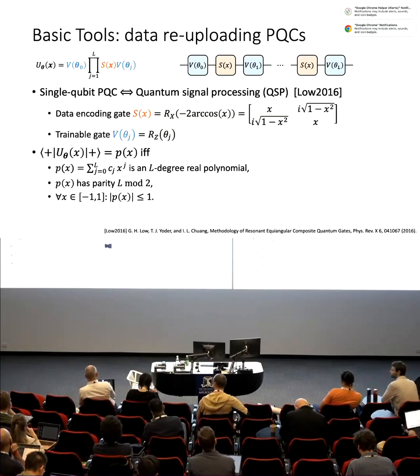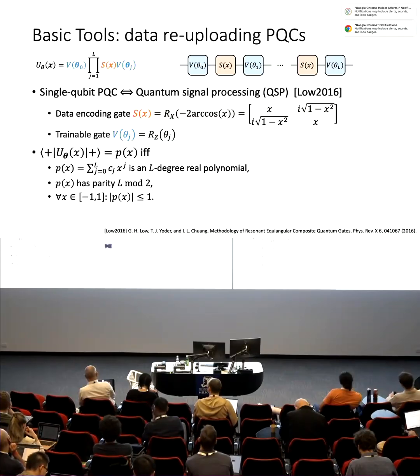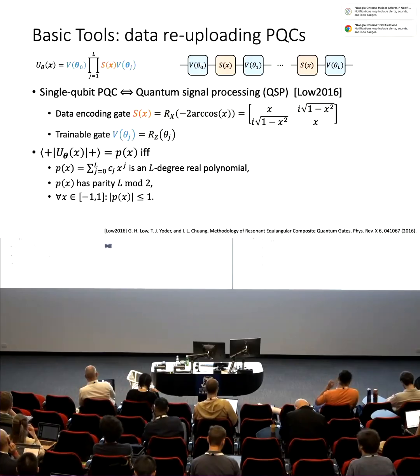The result of quantum signal processing tells us that with this kind of circuit, we can always implement a polynomial of degree L if we repeat the encoding L times. There are two extra constraints for the polynomial: it should have the parity constraint, which is L mod 2, and it should be normalized, which is bounded by 1. Once we have that, we're ready to build our PQC for function approximation.